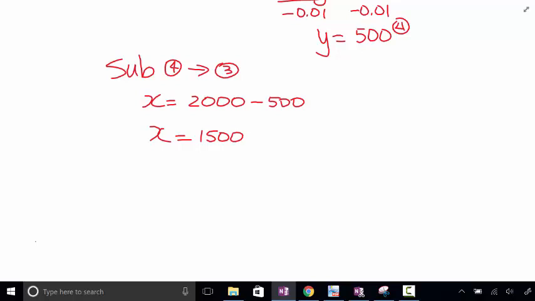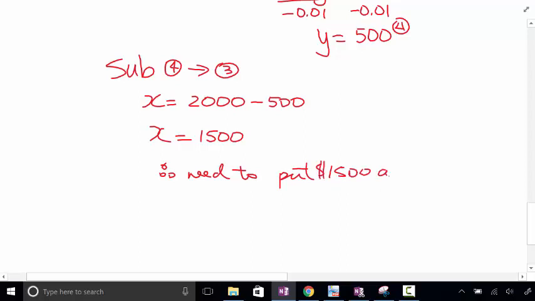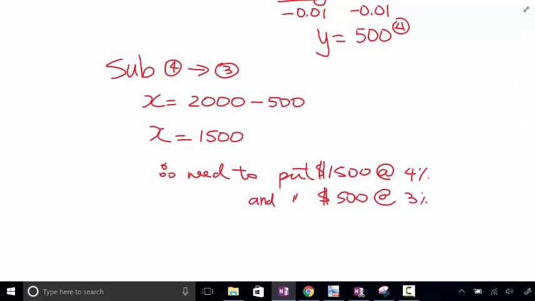Okay. Therefore, I need to put $1,500 at 4% and put $500 at 3%. And that will give you $75 in interest.